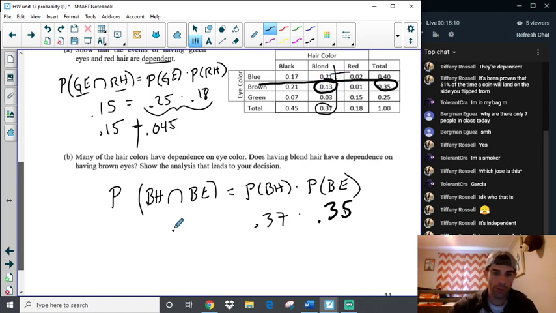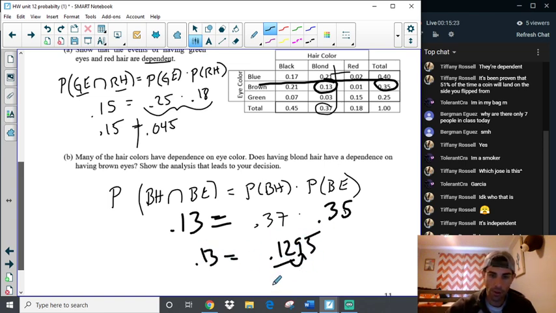At 0.13. So multiply your 0.37 times your 0.35. That's 0.1295. Remember, we like to go to 2 decimal places. So 0.13 is indeed equal to 0.13. So they are independent.